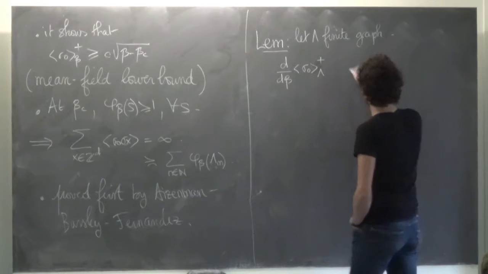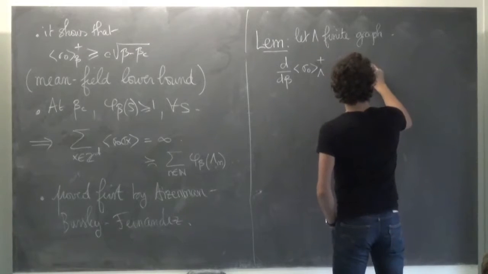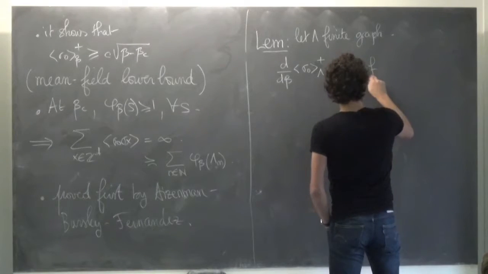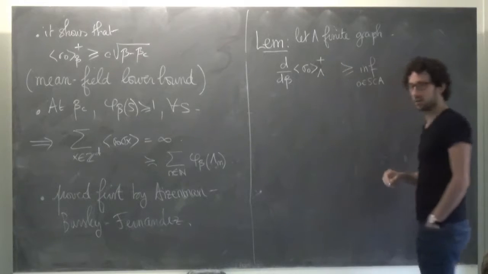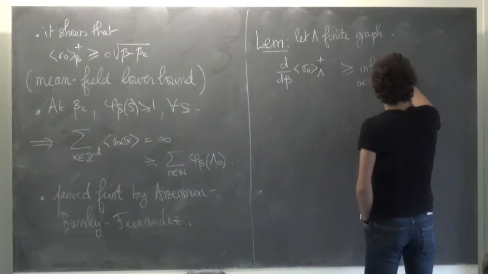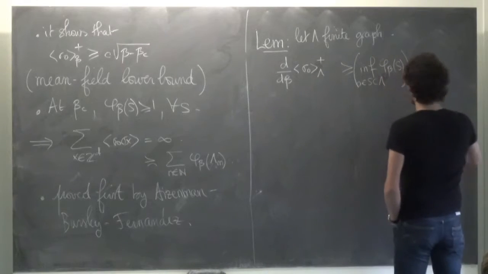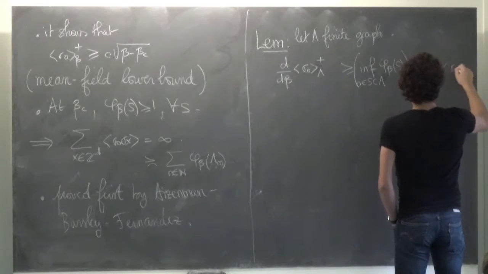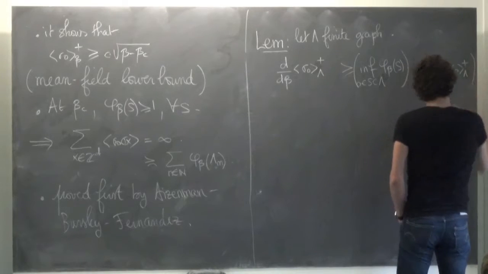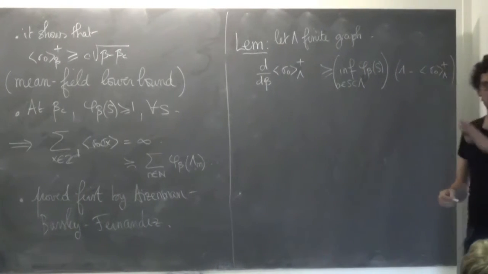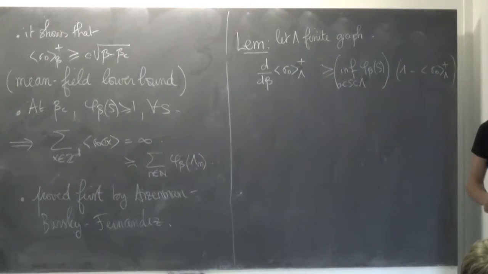So the derivative of this thing is larger or equal to the infimum over the set S included in lambda and containing 0 of the phi beta of S times 1 minus sigma 0 plus lambda. So if I do that, this is exactly what I was getting for percolation.